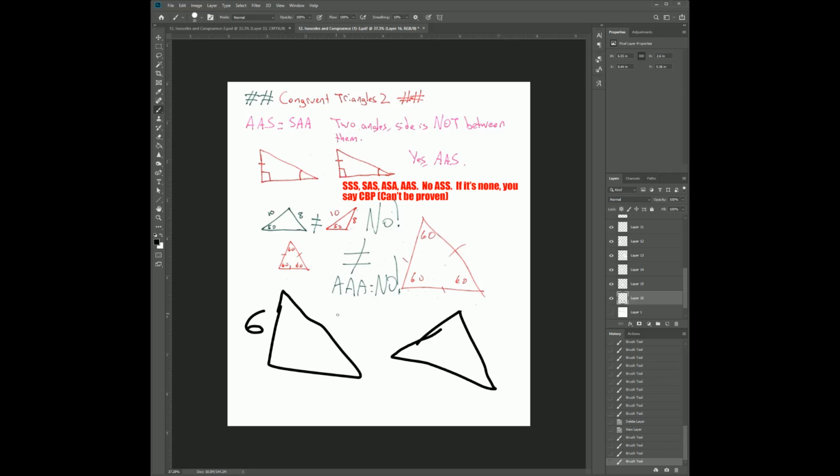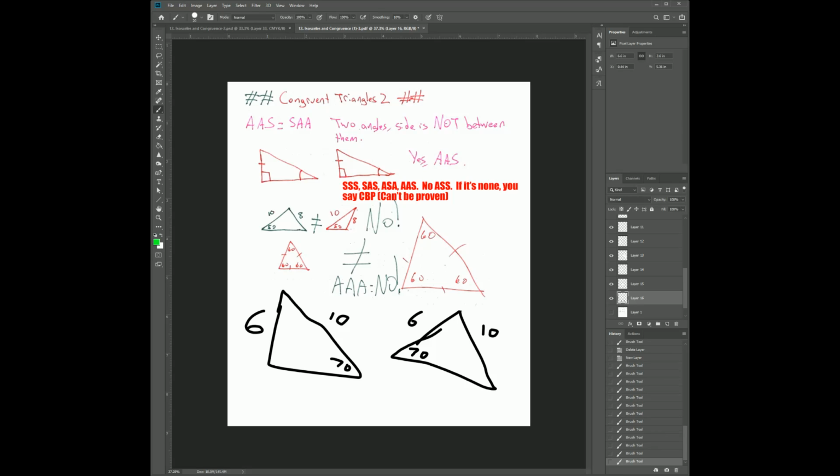So, this is 6, and this is 10. And this is 6, and this was 10. And then I said, hey look, this angle right here is 70, and this angle right here is 70. Are these congruent? Can we tell? Literally what I do is I start marking.